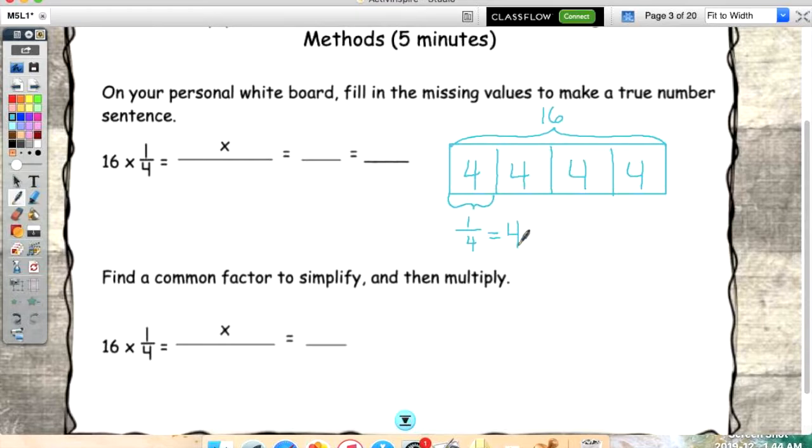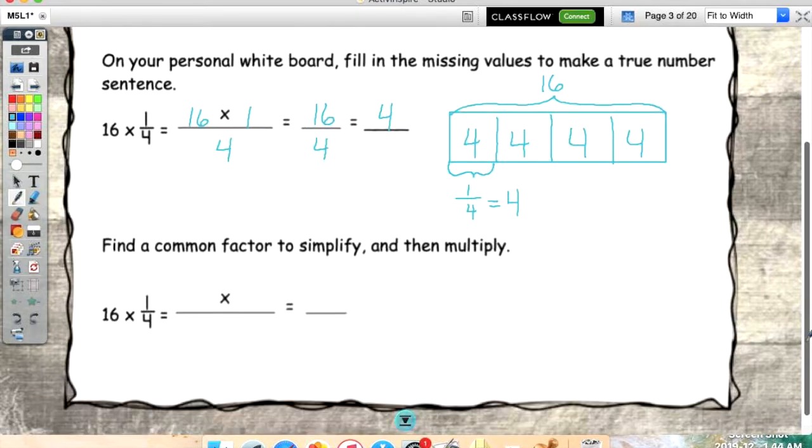This is pretty easy to understand, isn't it? In fact, we did something kind of like this. So now I'm going to write 16 times 1 divided by 4. Okay, 16 times 1 divided by 4. What's 16 divided by 4? 4. Now we'll do it a more sophisticated way, don't you think? Okay.